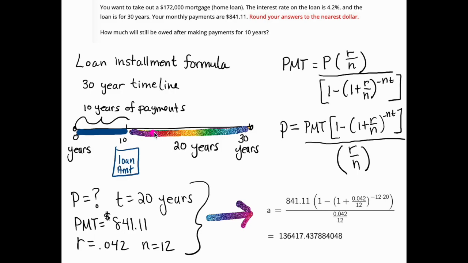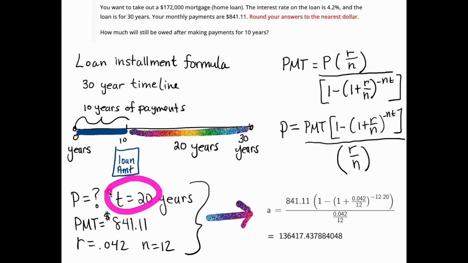So we are going to use all the information that was given to us in the problem and solve for our principal if we're making payments for 20 years. So the principal is what we're looking for. That's our lump sum that we owe, and we're thinking about this as starting over.